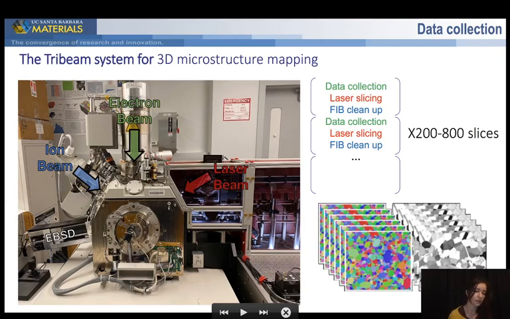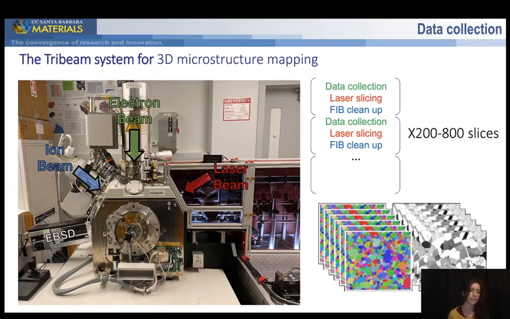The laser is used to slice the material in a serial sectioning manner, and we picked femtosecond lasers that have a high ablation rate, yet create very little damage in the material. If required, after we use the laser, the ion beam can be used to clean up the ablated surface before data is acquired. There is a possibility of acquiring image data, chemical data, and crystallographic data with this system.